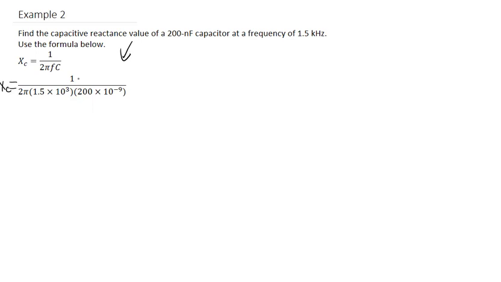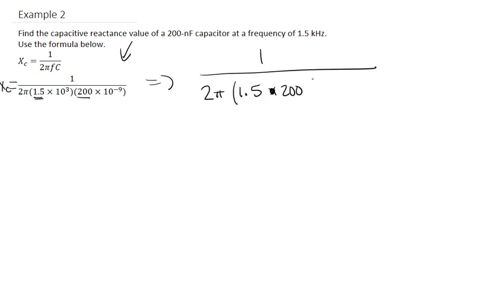So now we've set it up, and we're going to start calculating this out. We have 1 over, and we keep 2 pi off to the side. We can multiply these two coefficients together, 1.5 times 200, times 10 to the third and 10 to the negative 9th. Those are multiplied together.